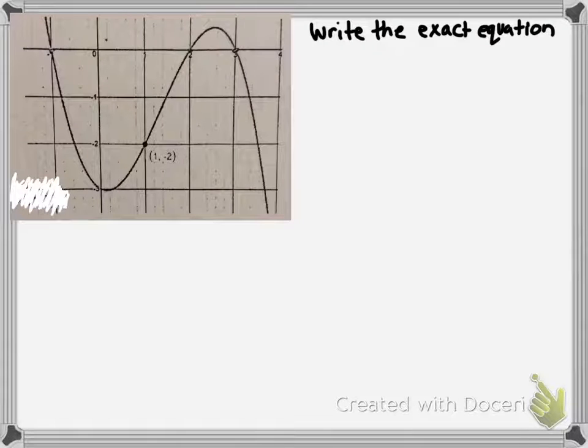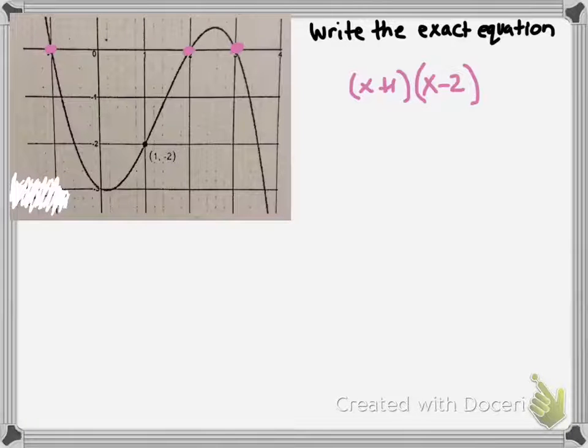Okay, our next question, write the exact equation from this graph. In order to write the equation, I need factors, and I am looking for my roots to create those factors. So I have a root at -1, so that means I'm going to have a factor of x plus 1. I have a root at 2, so I'm going to have a factor of x minus 2.